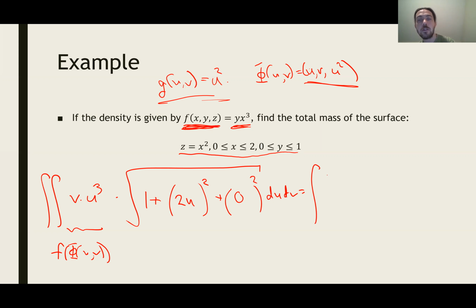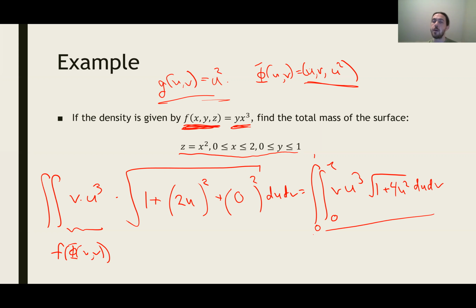And so this is going to turn into a double integral of v u cubed times the square root of 1 plus 4u squared du dv, like so. And we're going to be integrating this, since u is our x coordinate, that goes between 0 and 2, and since v is our y coordinate, that goes between 0 and 1. So that's setting up the double integral.